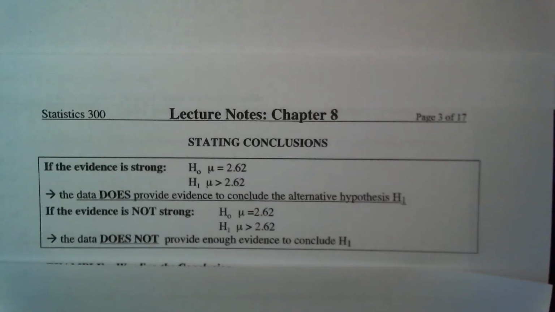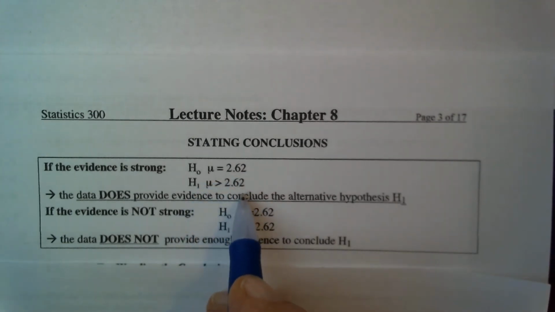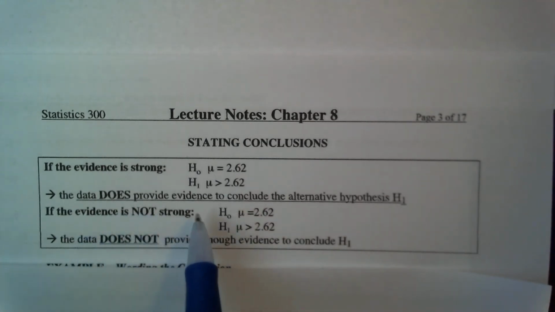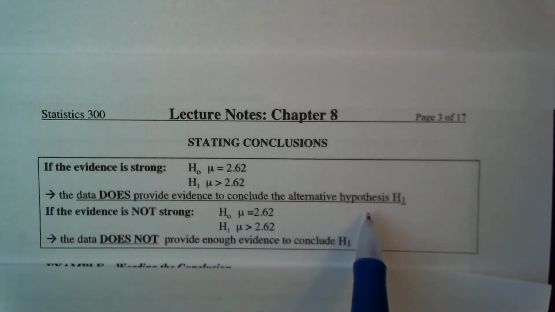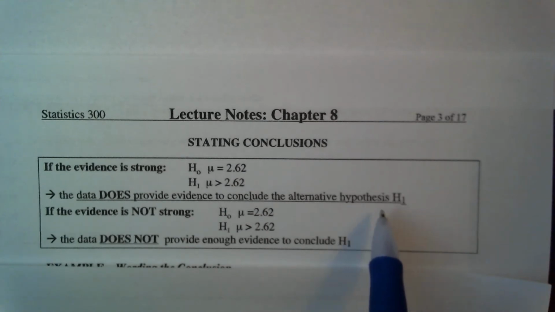So here's about stating conclusions, and it's based on evidence. So let's say here's our H naught, mu equals 2.62, and H1, mu is greater than 2.62. So if the evidence is strong, the data does provide evidence to conclude the alternative hypothesis, H1. Okay?